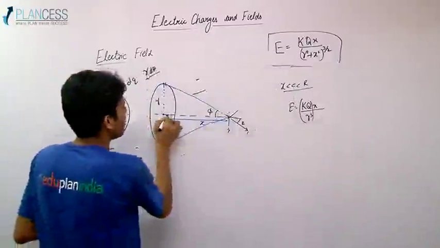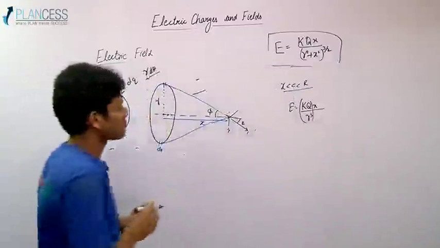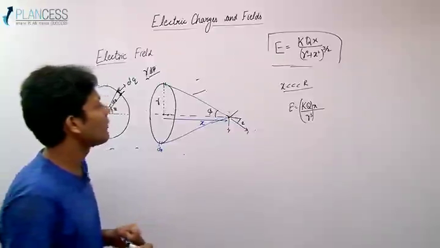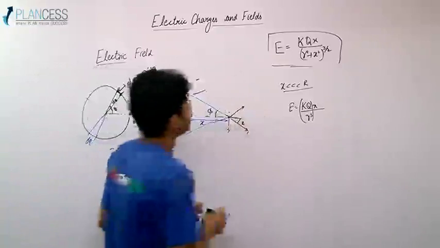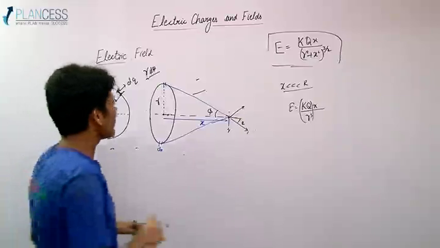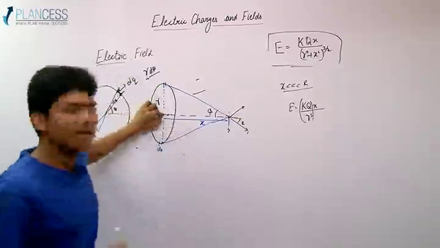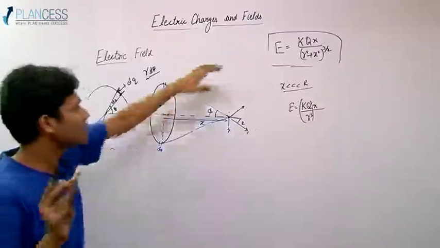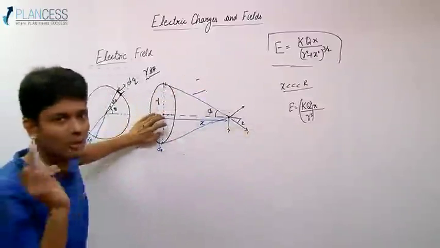So you can see that if x is very less than r, that is, if x is nearly at the center, then E is kq upon r cube times x, but this force is acting in the opposite direction. Now, if this point is the center of the ring, we know that the electric field is 0, so the force acting on a unit charge placed at the center of the ring would be 0.